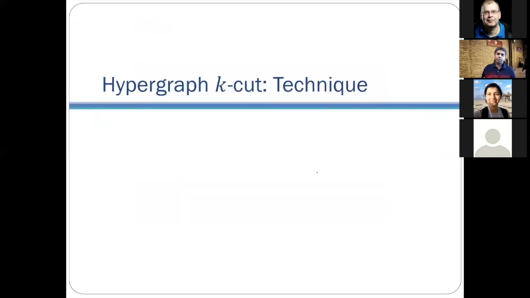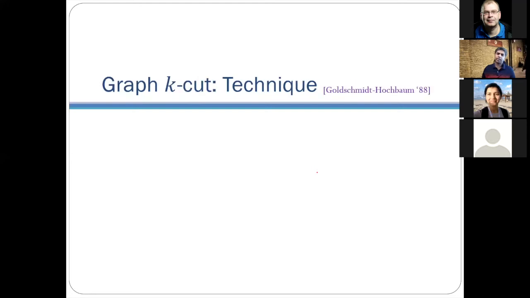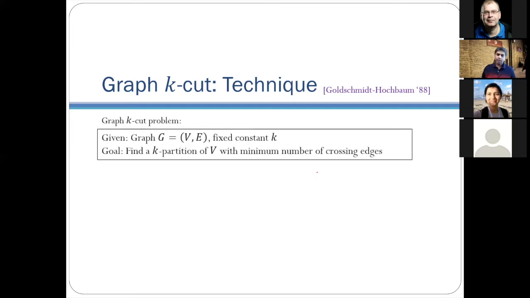To tell you more about our technique for hypergraph k cut, let me take a step back and recall the technique for graph k cut introduced by Goldschmidt and Hochbaum. Again, what is the graph k cut problem? We are given a graph and a fixed constant k. We would like to find a k partition of the vertex set with minimum number of crossing edges.